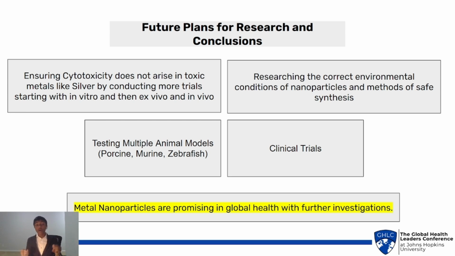But we want the model to accurately represent a human in that specific organ. For example, murine models have livers representative of humans'. One conclusion you can take away is that metal nanoparticles are promising in global health, and especially in this area of bacterial infection, with further investigation.